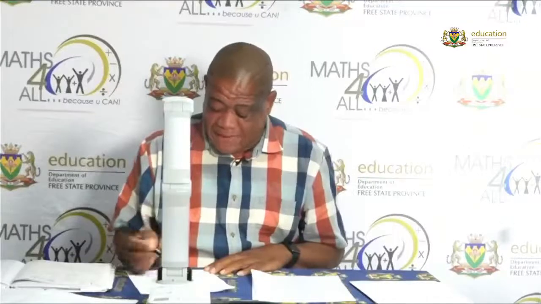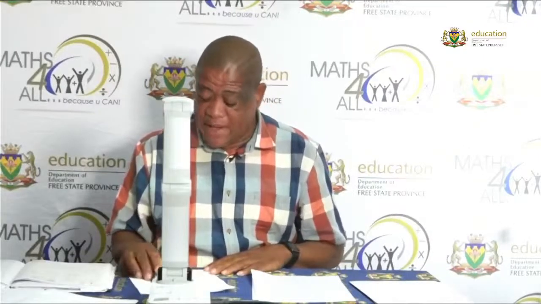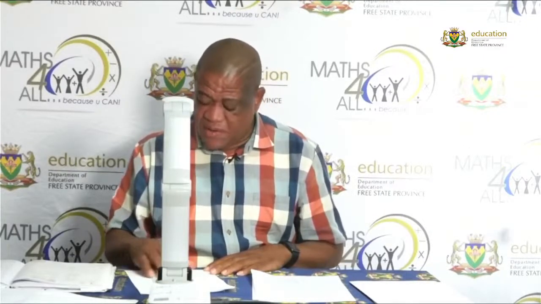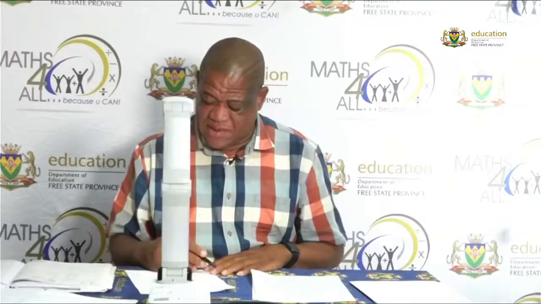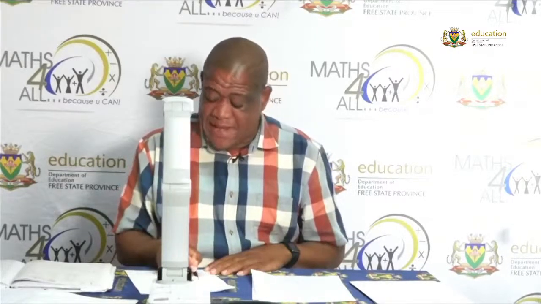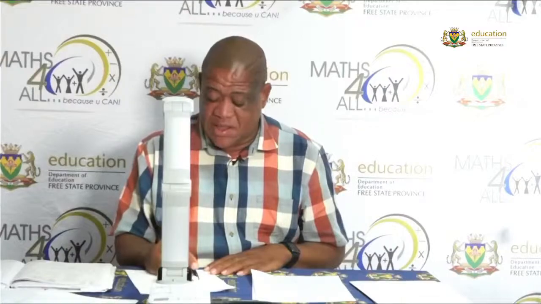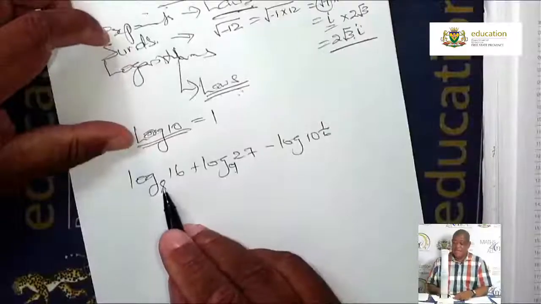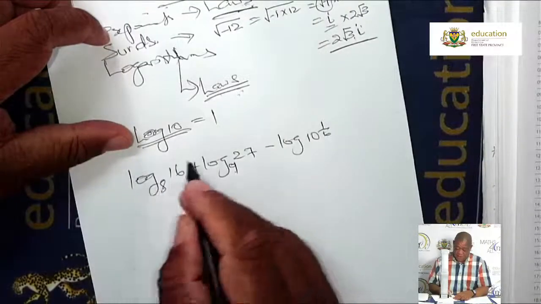Almost everything has been added in this question. Because the base is 8, the base is 9, not the smallest base that we can think of, we change the base here.